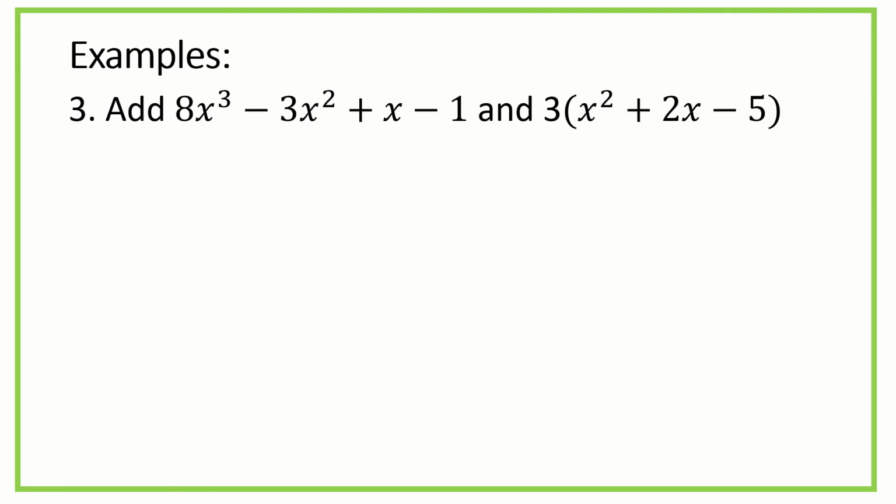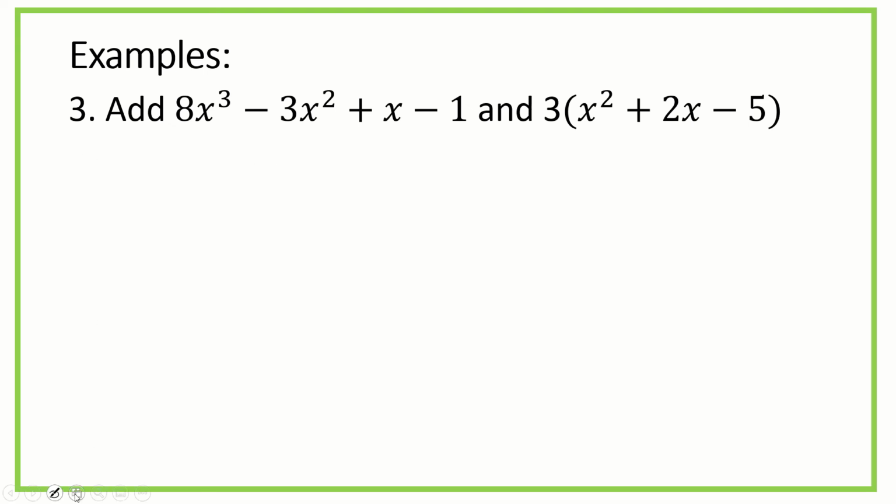Let's proceed to example 3. So add 8x cubed minus 3x squared plus x minus 1 and 3 times the quantity of x squared plus 2x minus 5. So in this case, I will be using the vertical method to answer this problem.